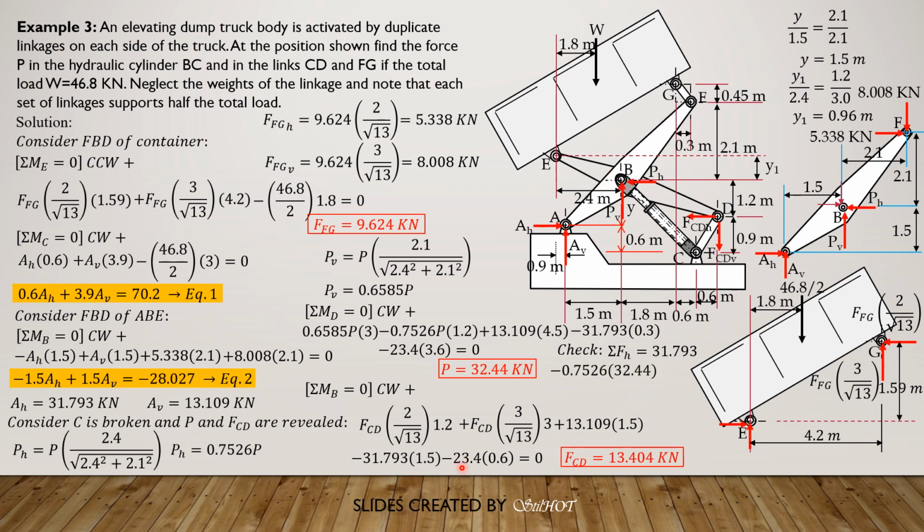W over 2 is 23.4 times 0.6 equals 0. So solving for FCD, the only unknown, FCD is equal to 13.404 kilonewtons.